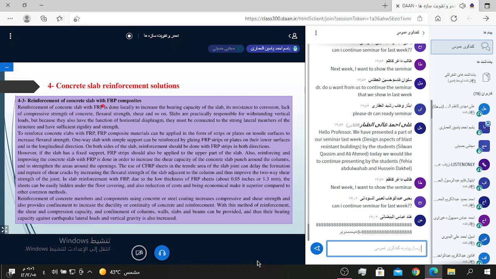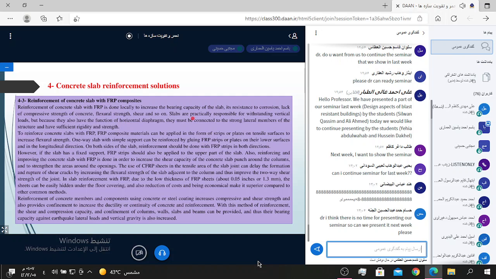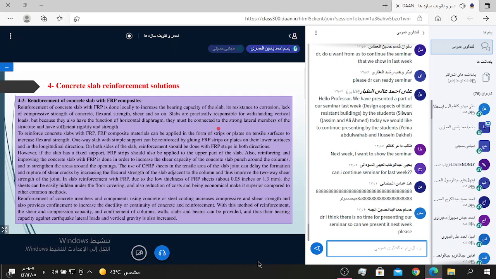Reinforcement of concrete slab with FRP composite. Reinforcement of concrete slab with FRP is done locally to increase the bearing capacity of the slab, such as resistance to corrosion, compressive strength of concrete, flexural strength, and shear. Slabs are particularly responsible for withstanding vertical load, so they must be connected to the strong elements of the structure under stress.